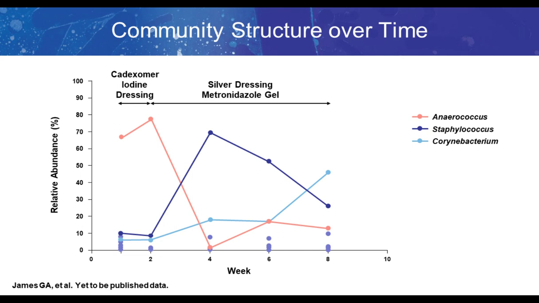At the same time, the Staphylococcus population jumps up, so it's kind of taking over that niche. However, then over time, the Staphylococcus population drops back down. The population of Corynebacterium comes up, and this shows relative abundance, but it doesn't tell you the amount of biofilm. However, this wound did progress and eventually went on to heal.